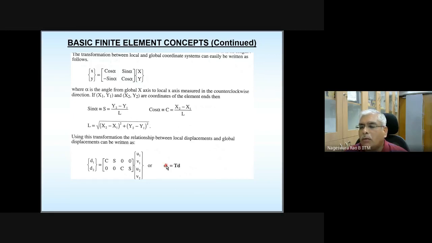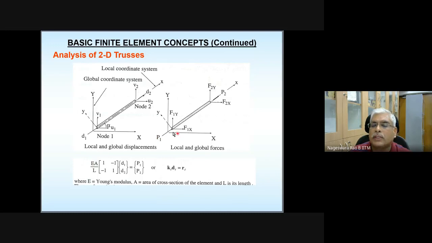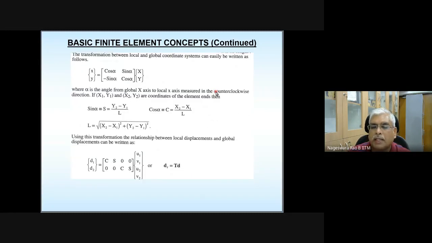Similarly, forces are going to get transformed in the same manner. The local force vector, which is P1, P2, and the global force vector, which is F1x, F1y, F2x, F2y, are related by the same transformation matrix.